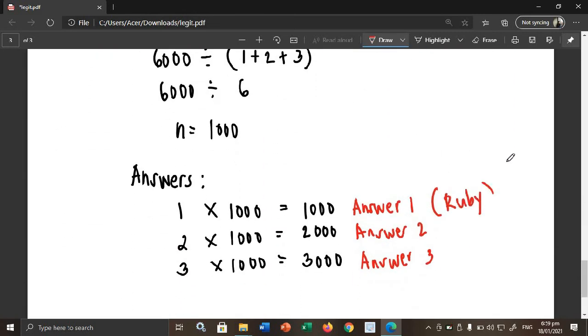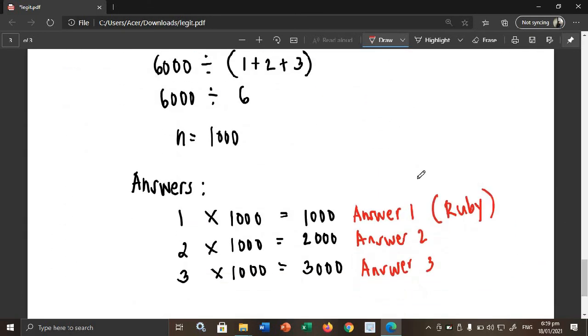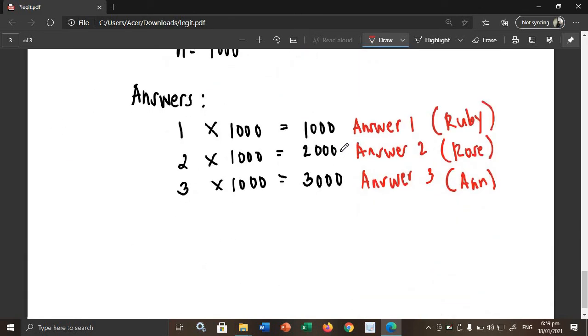And then, yung 2,000 na profit, yan yung kay Rose. And then, yung 3,000 na profit, that will be for Anne. That is according to the problem. 1 is Ruby, 2 is Rose, 3 is Anne. Kaya 1 is to 2 is to 3.